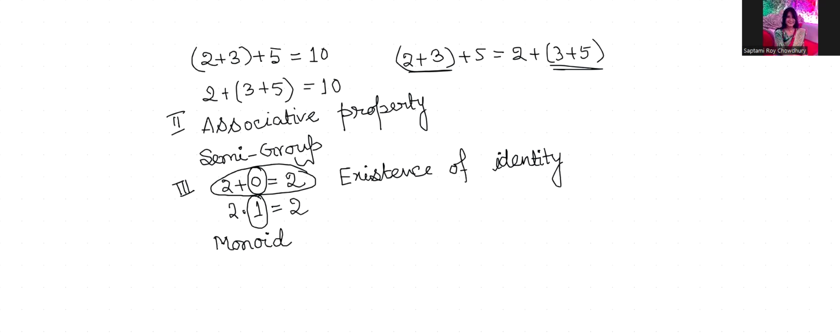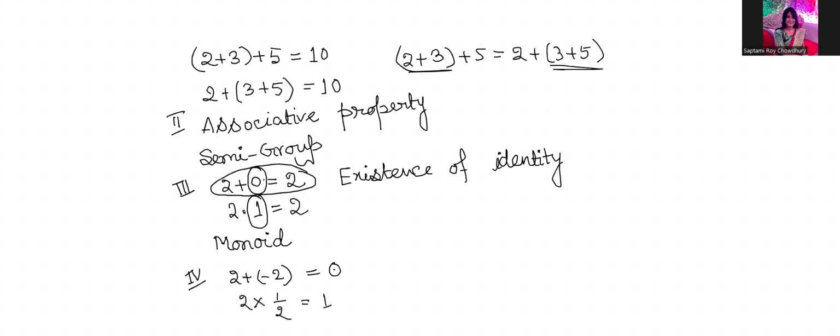Fourth one is called the existence of inverse. Now, if you add -2 with 2, you will get 0. 0 is the identity element. If you multiply 2 with half, then you will get 1. That is the identity element.